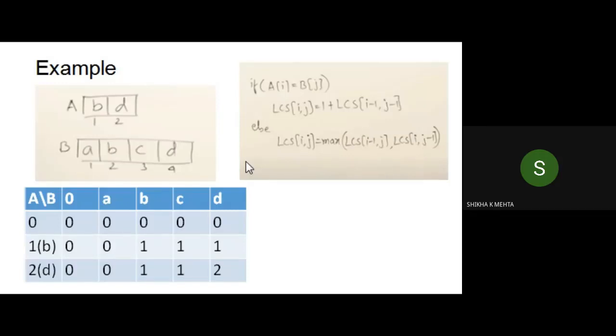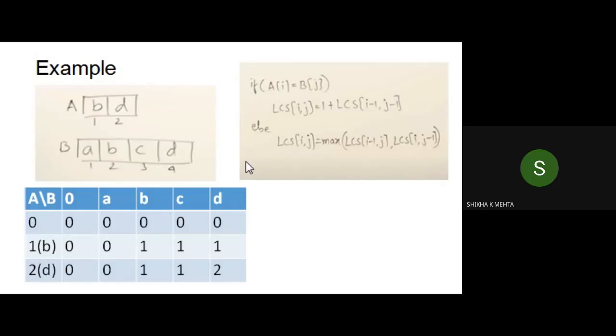As we move next, we say 1, 3, right? So A[i] is 1 and B[j] is 3. They are again not equal, so we have to go to the previous row and previous column.